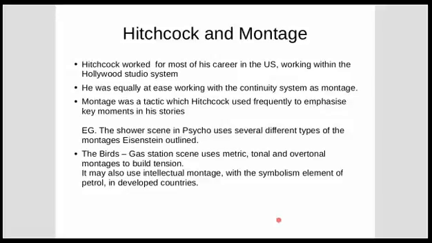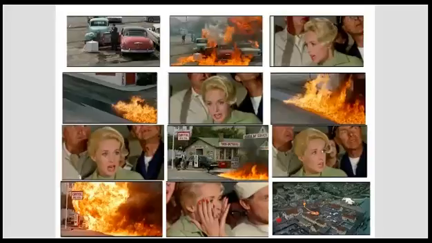So this is from The Birds. It's from about an hour into the film, and this is the second main bird attack. And let me just increase the size of this so we can move from frame to frame, and we'll start here.